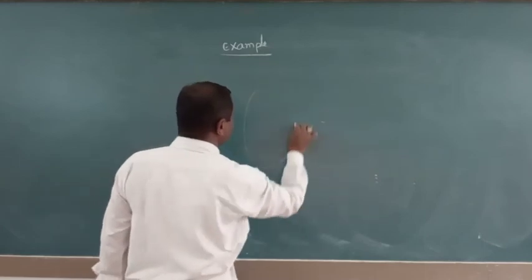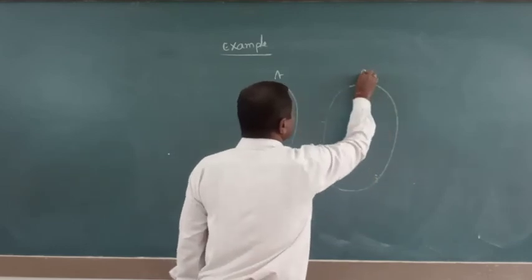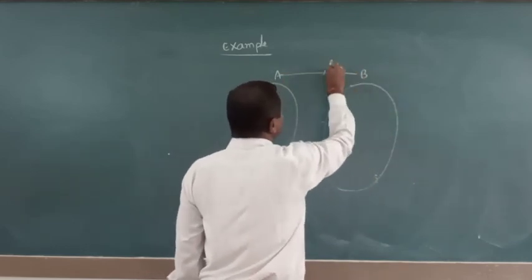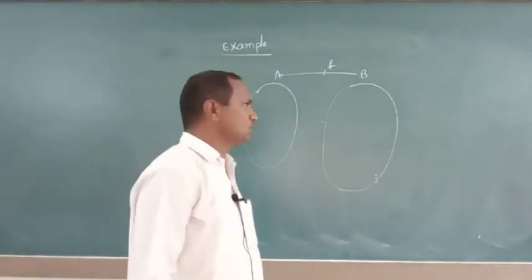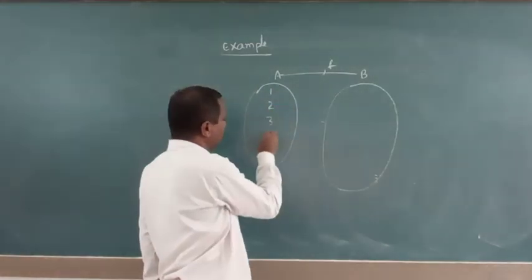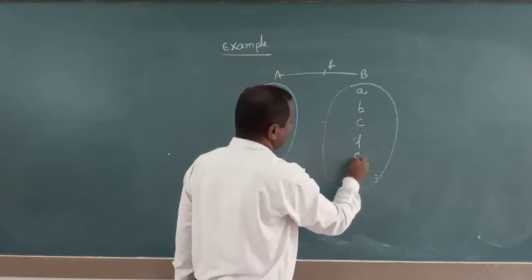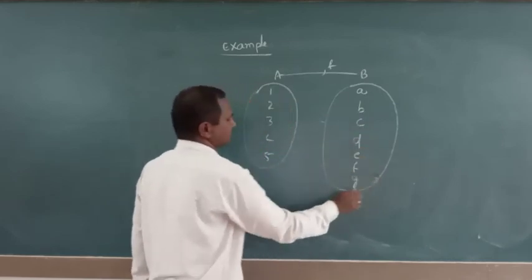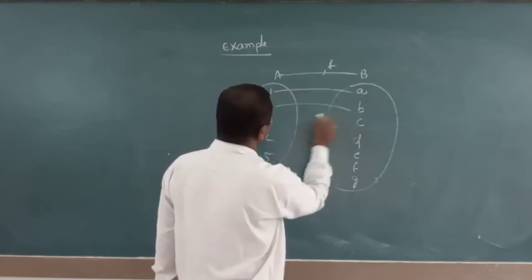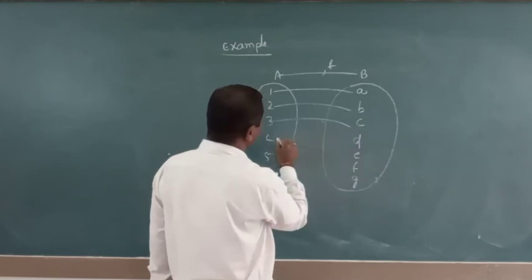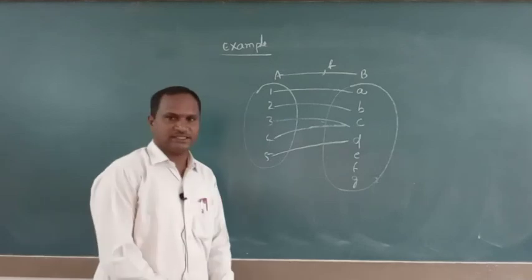Here A is a set and here B is a set, with a function f from A to B. Take some elements: 1, 2, 3, 4, 5 in A, and a, b, c, d, e, f, g in B. 1 to a, 2 to b, 3 to c, or you can take 4 to c also, no problem, and 5 to d.